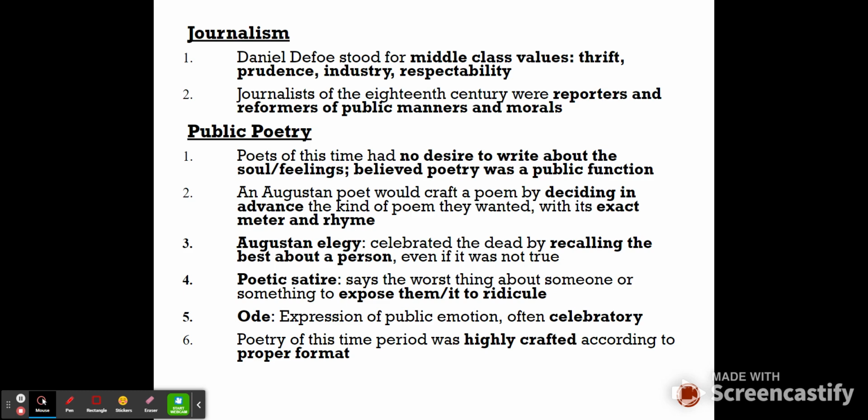And once again, these journalists, some other important ones were these guys named Addison and Steele, who would talk about how there was a lot of issues with either public taste or corruption and things like that.